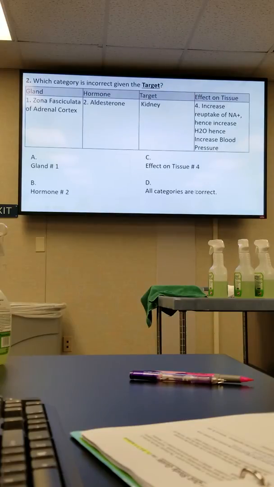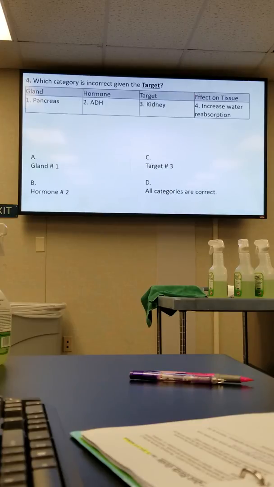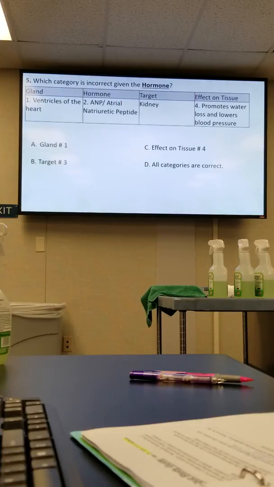Like I said, what the hormone is, the gland, the target, and the affected tissue. These are different things that might be on the test. I'm just letting you know. That could be on the test. They have fair game to choose from any of that stuff, anything that they gave us out in the lab. The instructor has fair game to choose from.